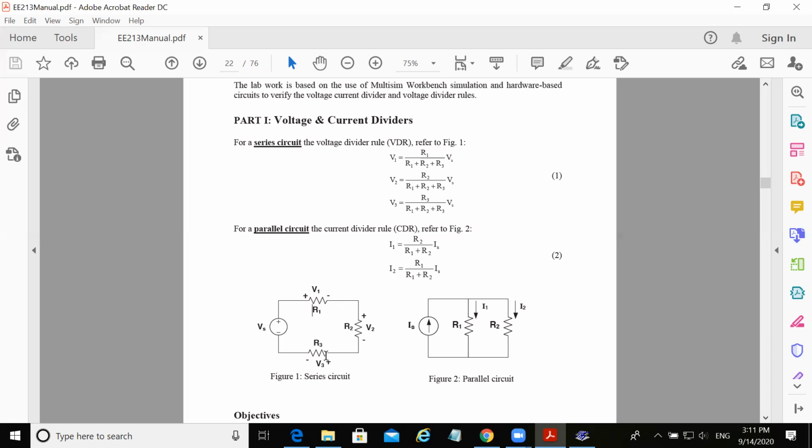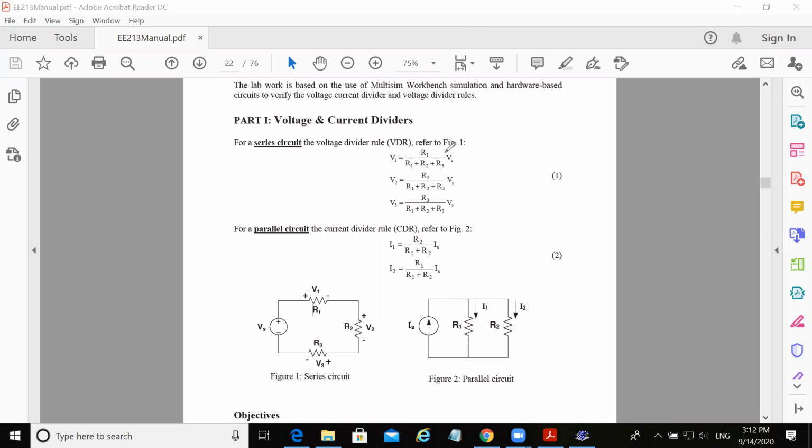Okay, so how do we come up with this rule? This is very simple, and we have to use Ohm's law in this regard. Okay, let me activate my annotation so that I can write on the screen. Now I will write something on the screen in order to show you how we get this equation of V1.